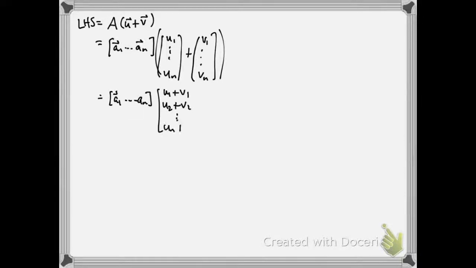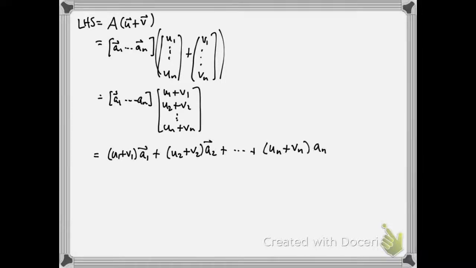Right, and now I'm going to use the definition of vector addition. So the vector u plus the vector v is just, I add each entry component-wise. And now I'm going to use the definition of matrix vector product. And I'm constructing the linear combination of the columns of A using the entries of u plus v as weights.